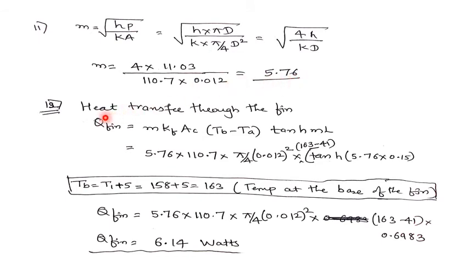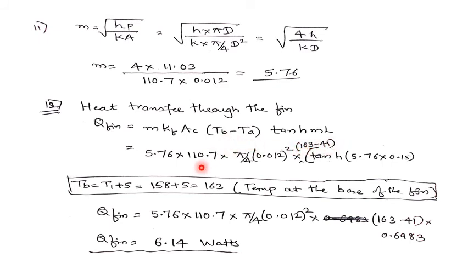Now let us calculate the total heat transfer through the fin: m into k into Ac, the area of cross section, into the bracket TB minus TA, into tanh mL. All these formulas are taken from the data handbook. So m is 5.76, thermal conductivity of brass is 110.7, and the area of cross section is pi upon 4 d square, into TB minus TA, that is 163 minus 41.